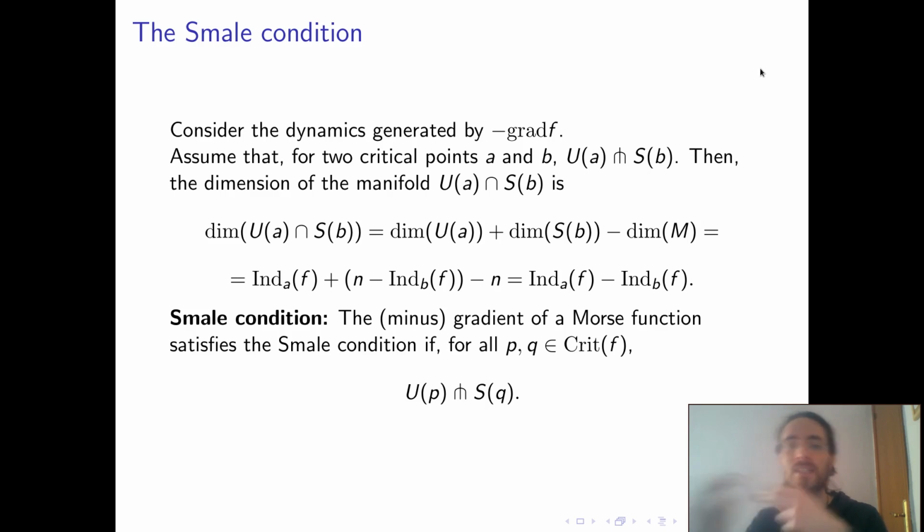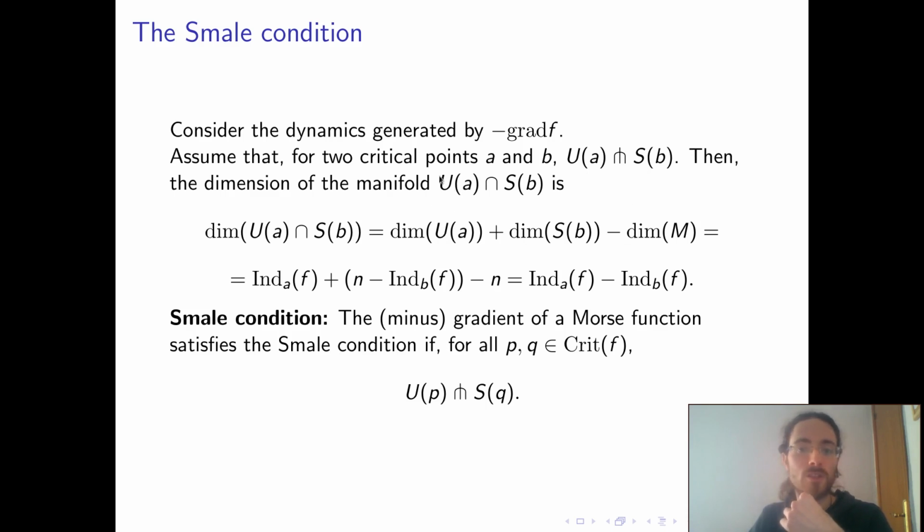If you have that, the intersection is a manifold, and the dimension of the manifold can be easily computed because you have the equivalent of the Grassmann formula for dimensions of vector spaces. So if you have the intersection, its dimension is the sum of dimensions minus the dimension of the total.